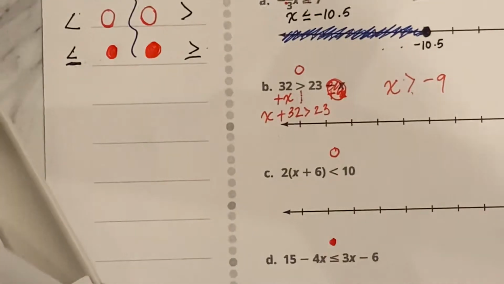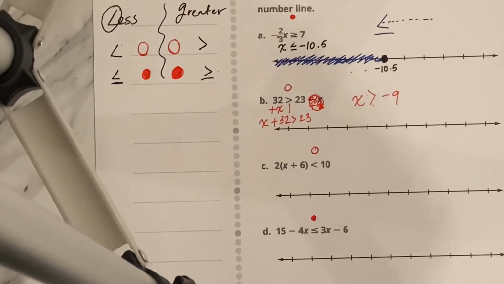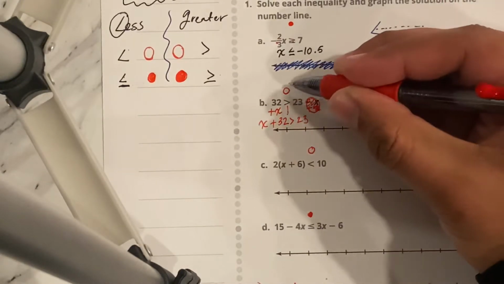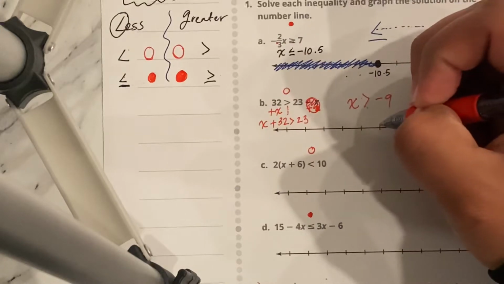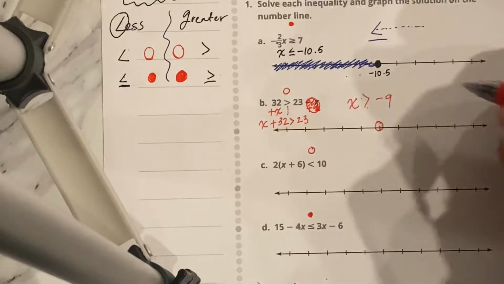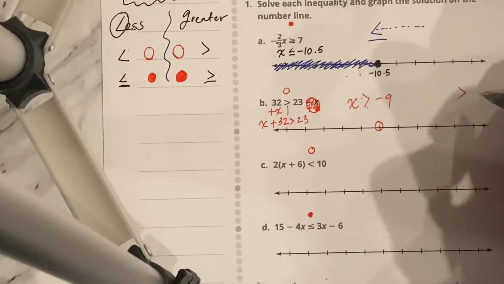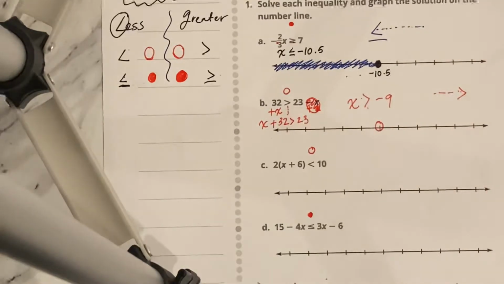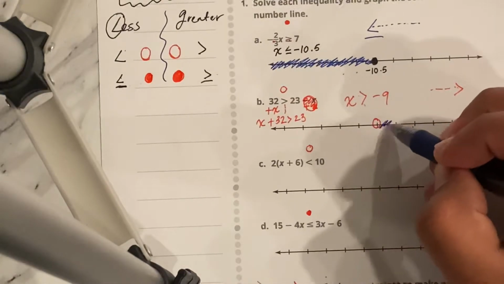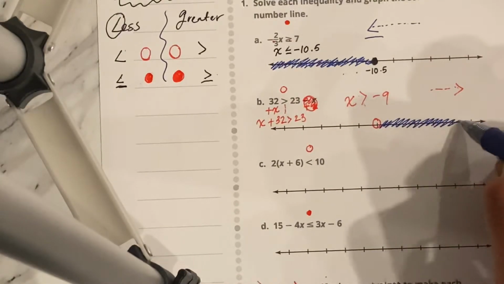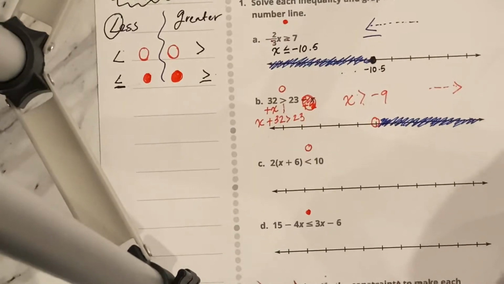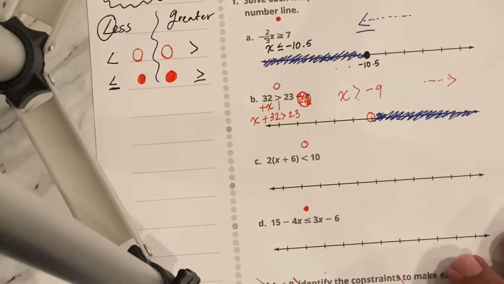Another wonderful thing, let me zoom out just a little bit. Put it right in the middle. Circle is still open. Looking at that symbol, it's greater than. Arrow is pointing in that direction. Definitely colored the correct area. Looks good.